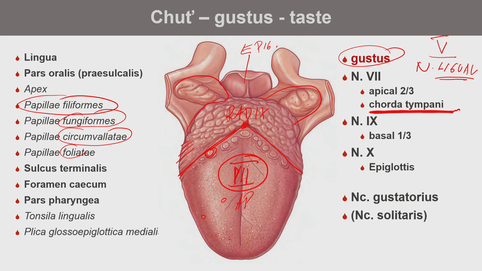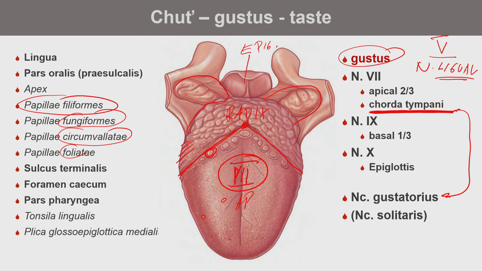Then, when we go upwards, it is entering the middle ear, crossing the middle ear, entering the petrous bone, and then it is joined with the main facial nerve. Then the information is going to the gustatory part of a nucleus solitarius.